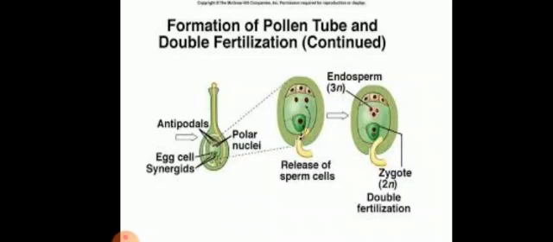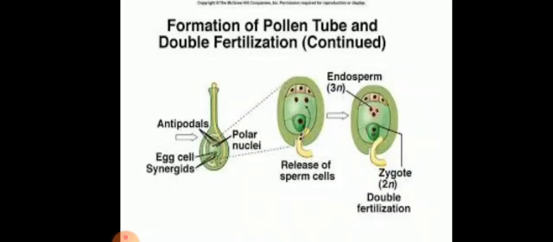Syngamy is a type of generative fertilization, whereas triple fusion is a type of vegetative fertilization. Here, both male gametes participate, and therefore it is called double fertilization.